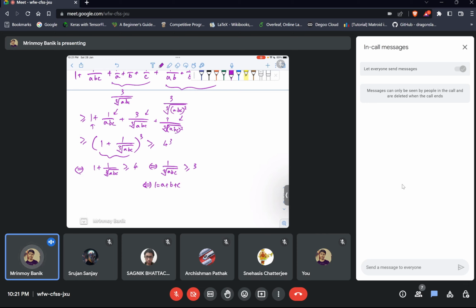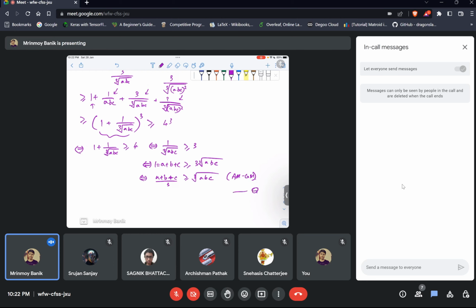So 1, which is a plus b plus c, is greater than or equal to thrice cube root of abc. This is just AM-GM. So proved.